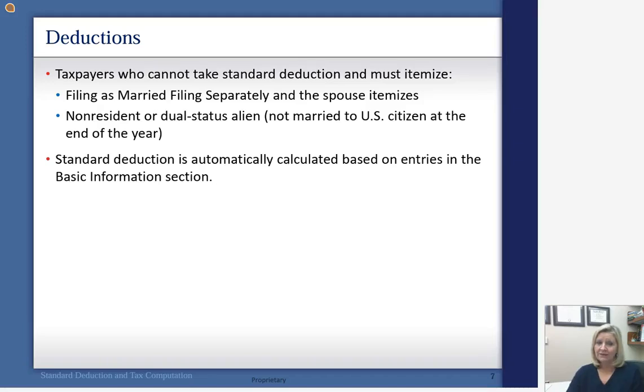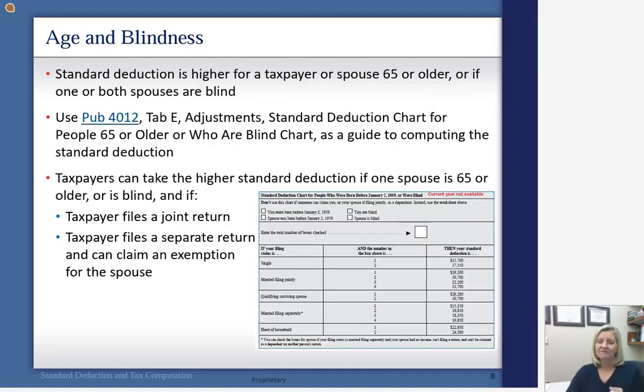So it will calculate based on those factors. So it is important that, as part of the intake procedure before you start the return, you go through all of that with a client and make sure that you've got the correct information.